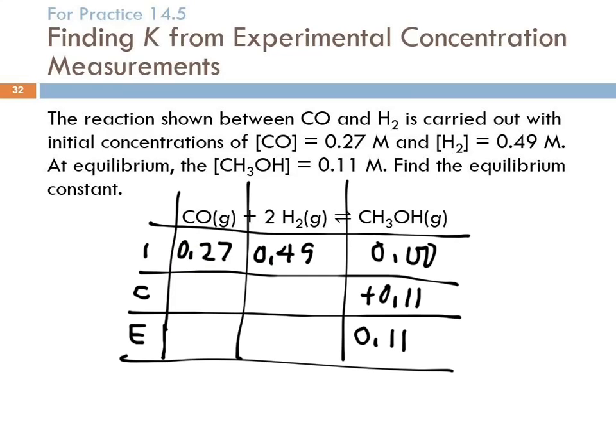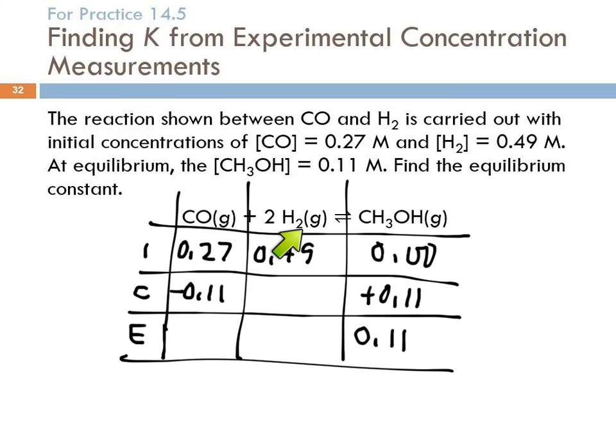That's what's making the product. So if this went up 0.11, how did the CO change? It went down 0.11, because our balanced chemical equation here says 1 mole of this makes 1 mole of that. The volume isn't changing. So that went down by 0.11.